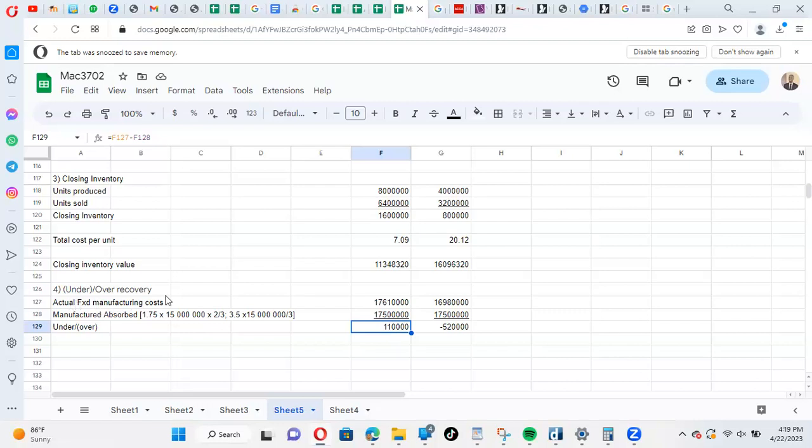So we're supposed to put up 1.76, but instead we put up 1.75. Which means we need to have an extra expense there. You understand it? That extra expense in our statement of profit and loss, are we adding or subtracting that extra expense?